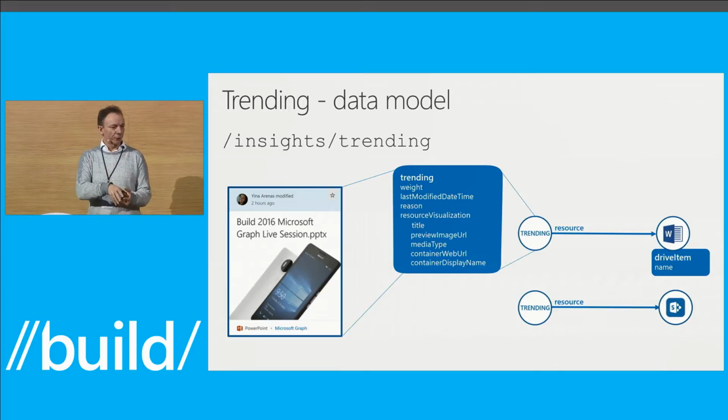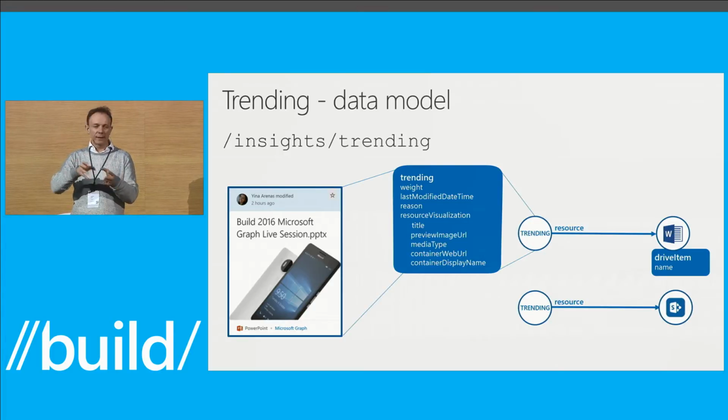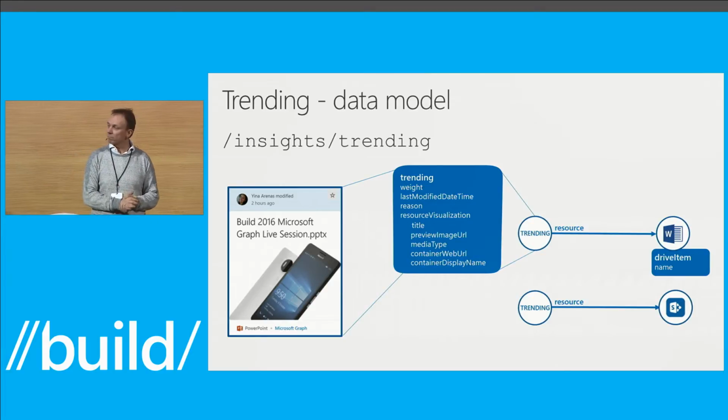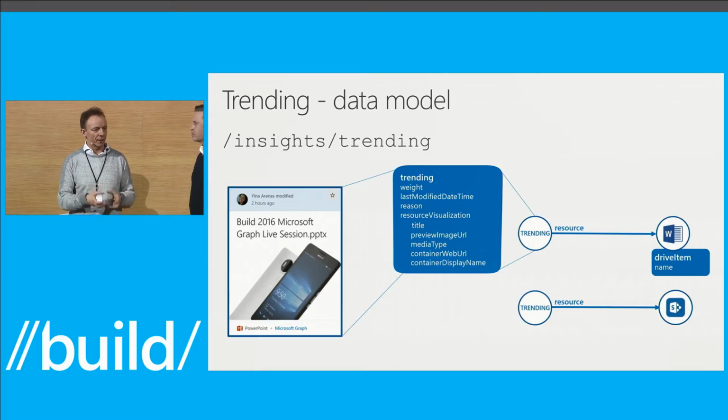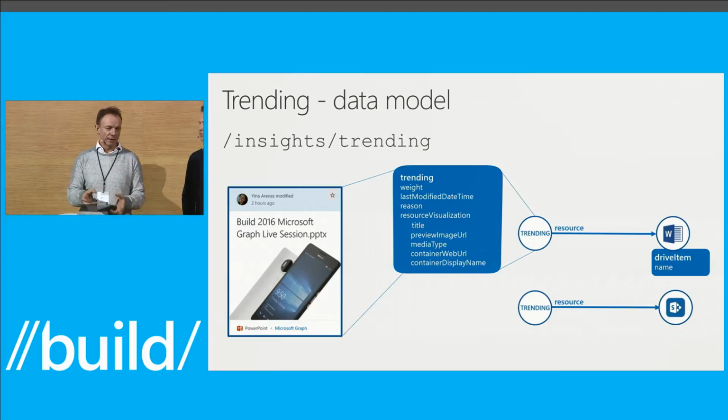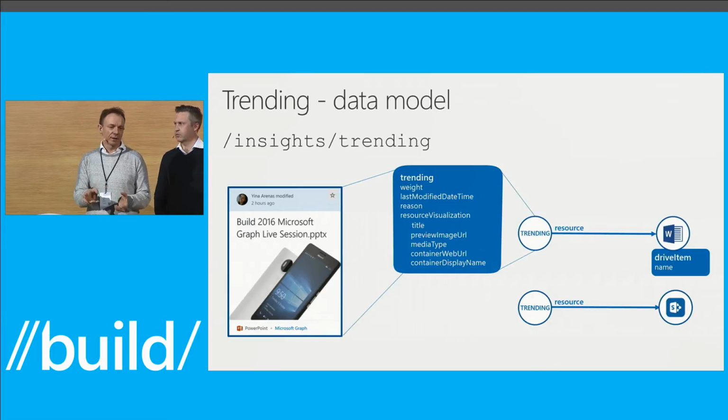And in addition, we'll return a set of visualization properties that you can use to render user experience. You can do a single call to Me Insights Trending, and you get back all the metadata you need to render a compelling visual experience, just like Delve does, in a single API endpoint. And other entities will start trending as well. You have sites in SharePoint can trend, and you can recommend sites to users. And that will also show up in the Me Insights Trending API.